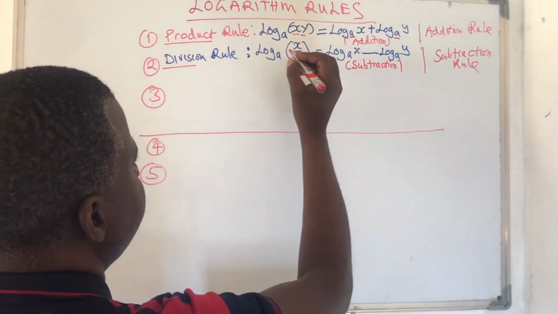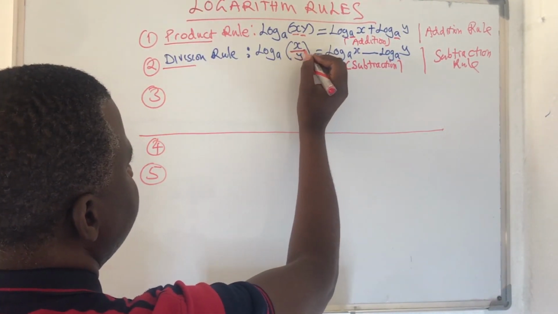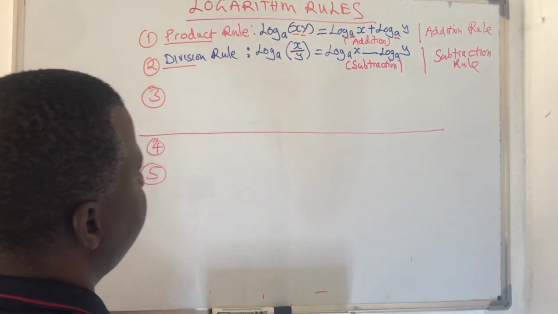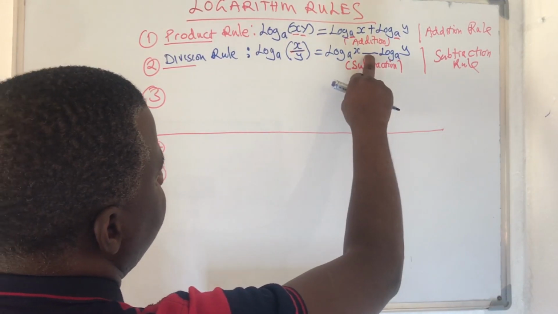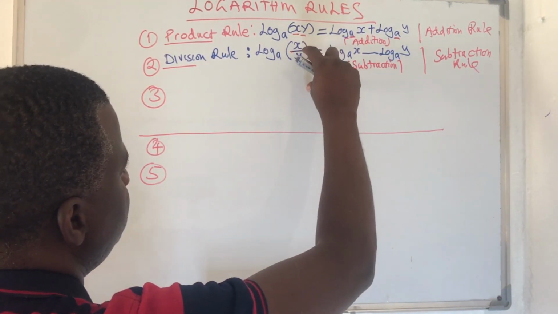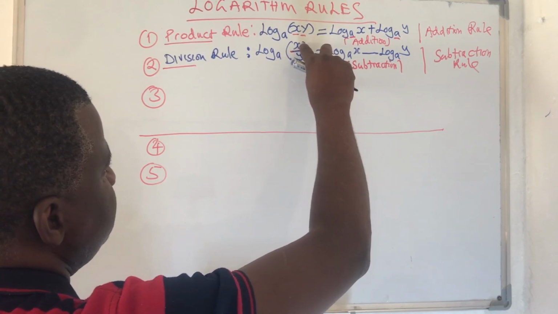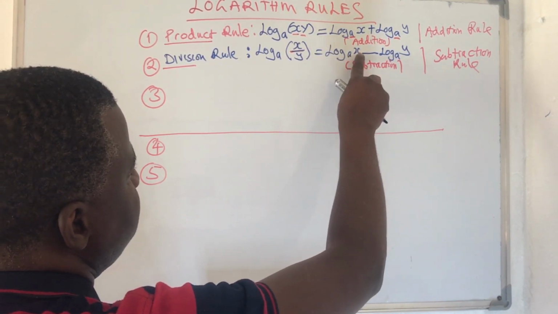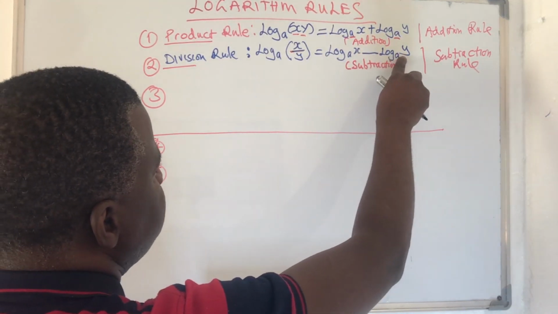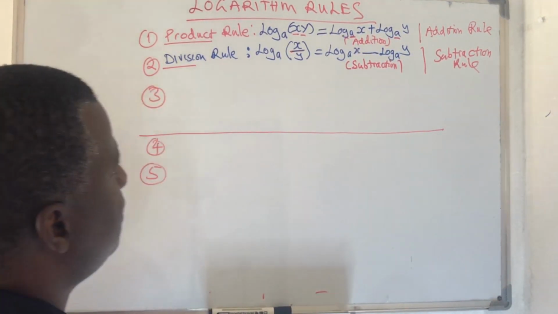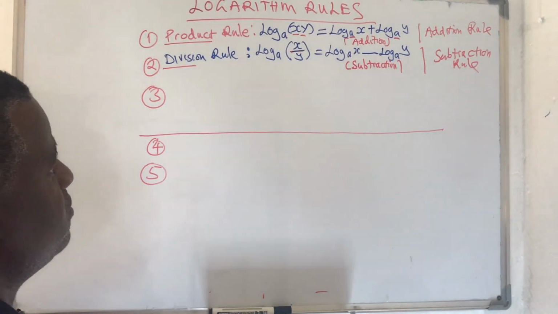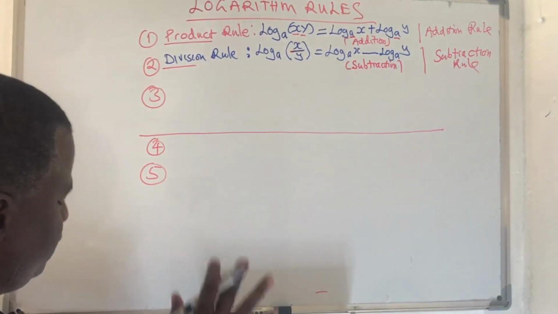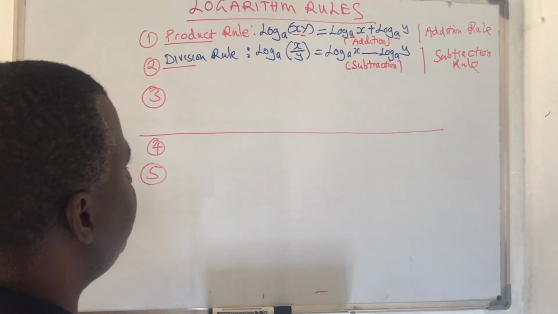What you have seen is here we are dividing, we are saying x over y, but here we are subtracting, and then we've separated the two logs. You've seen it. The log base A of x is alone, minus log base A of y is also alone. So that is the subtraction rule. I'd like you to master these rules very much, because they are going to help us a lot.